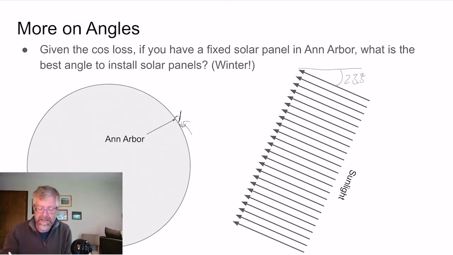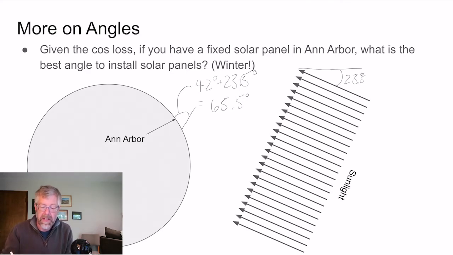So what you can do in the winter is change the tilt of your solar panels, raise them up a little bit more, and make this angle 42 degrees plus 23.5 degrees, which is equal to 65.5 degrees.